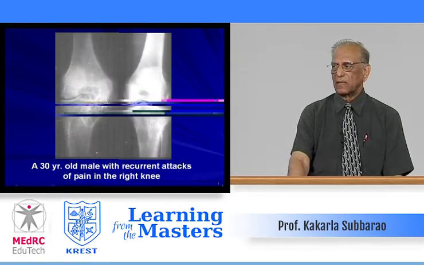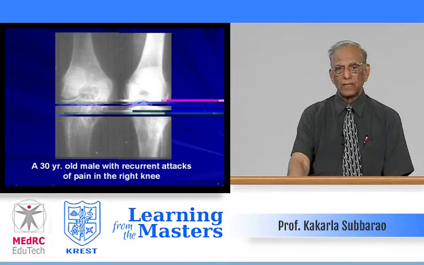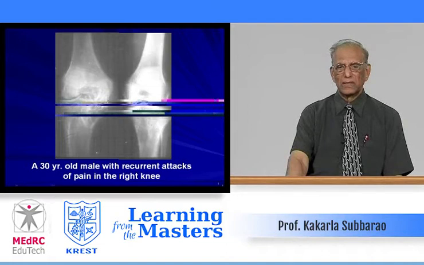Another case, a 30-year-old male with recurrent attacks, and those recurrent attacks of pain are only on the right knee. Again, observe, look carefully, write down the parameters, and then write the differential diagnosis or diagnosis.